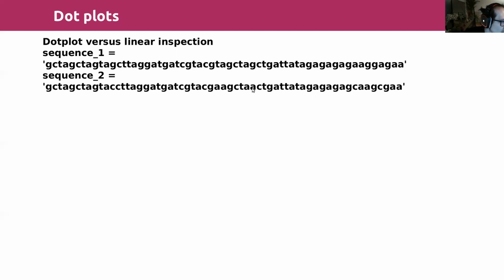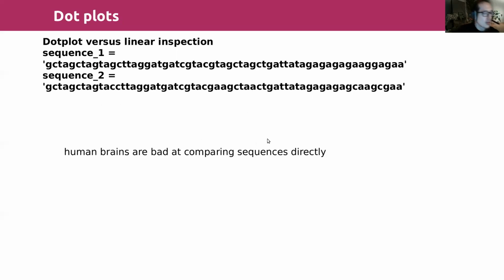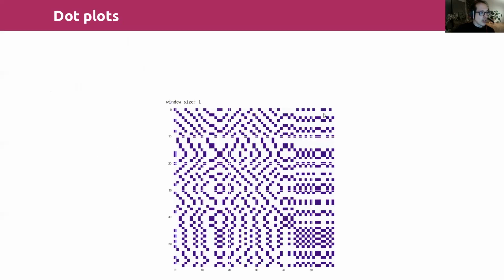We can see here, okay, here's one mismatch. But humans are quite bad at this. What we are good at, though, is looking at images. And dot plots are a way to produce a kind of image, a matrix, but it is more visual, and you get some information, some structure from it.